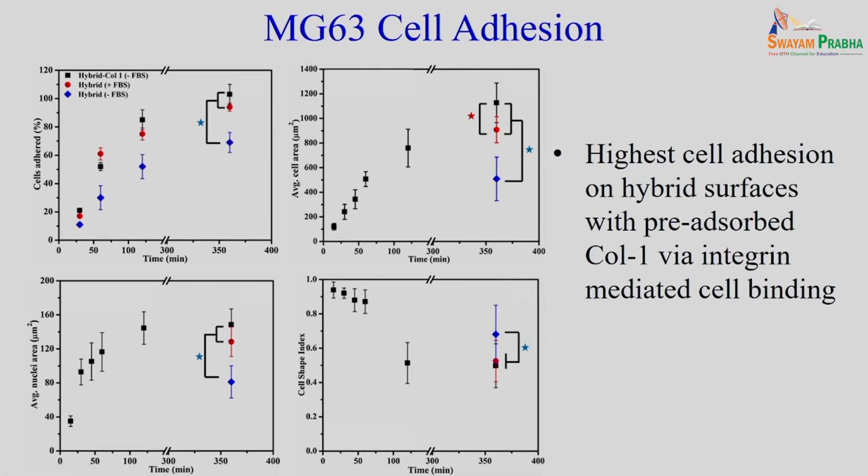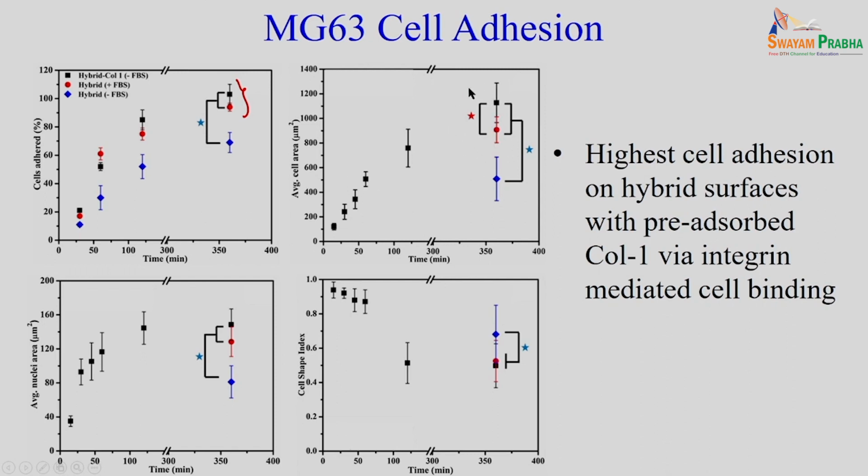So, it says that if you have a surface with pre-adsorbed adhesive protein, then during the cell culture experiment FBS may not be required, and we can still get comparable cell adhesion. Now, this cell adhesion, the number of cells, can be analyzed in terms of cell area.